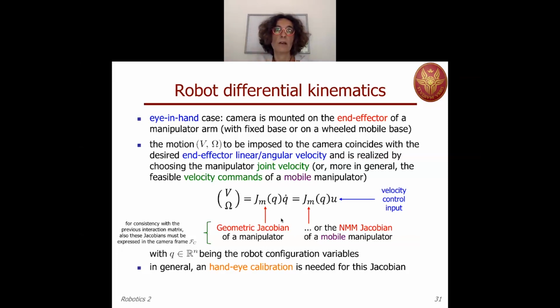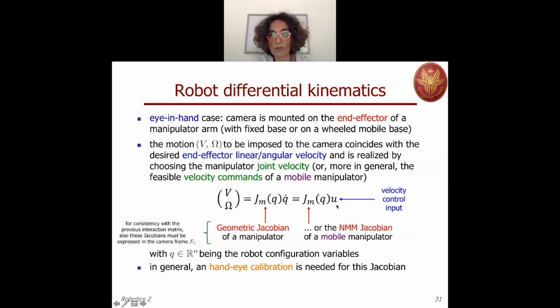For example, for a fixed base, fully actuated manipulator, we can assume that the inputs are the joint velocities. If you have a mobile base, you know that the control inputs are not the derivatives of the generalized coordinates.